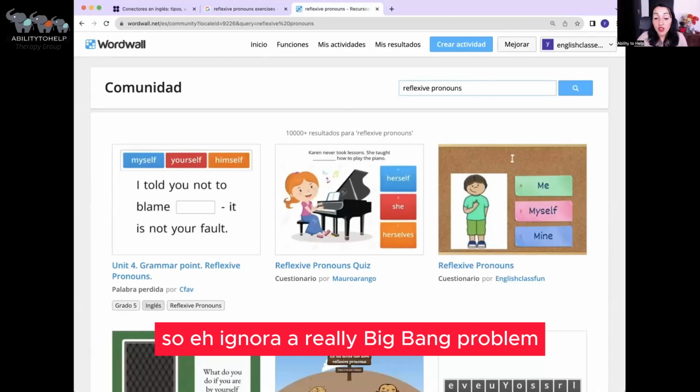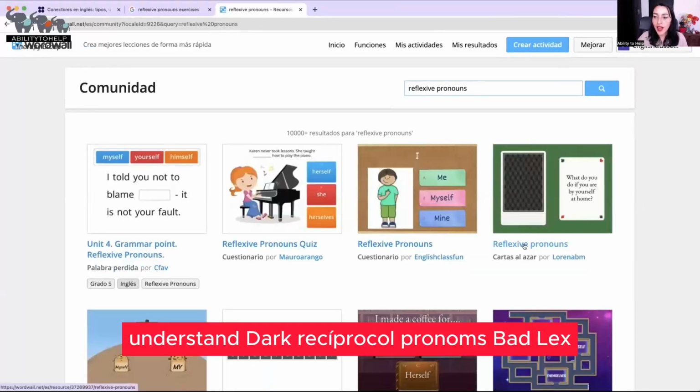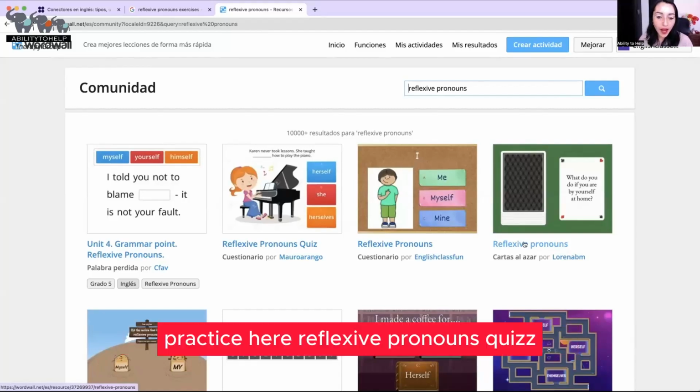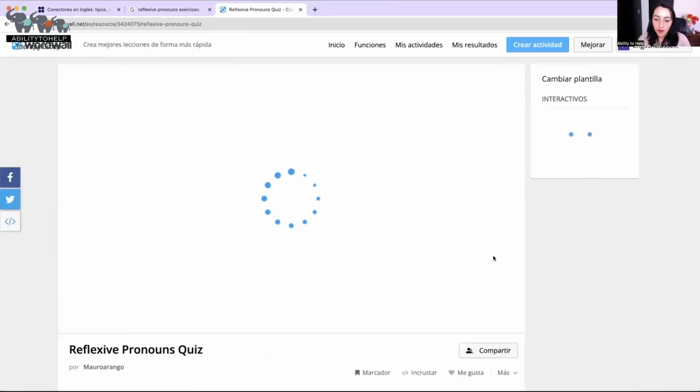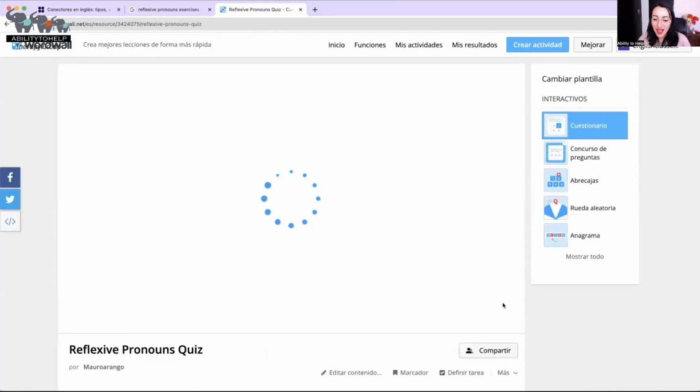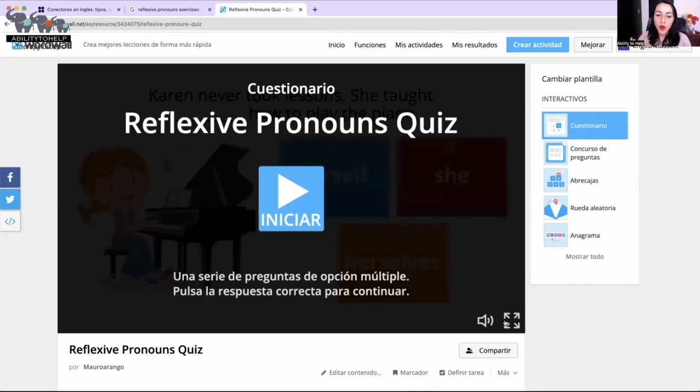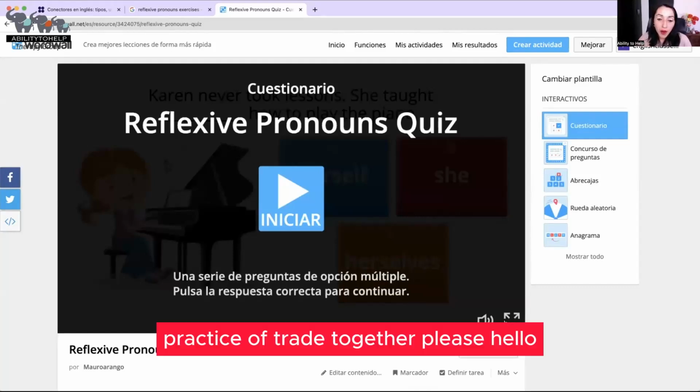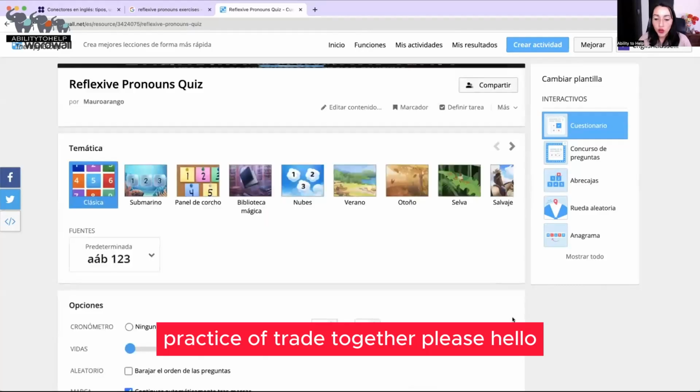So it's not a really big problem, because you already understand the reciprocal pronouns. But let's practice here. Reflexive pronouns quiz. I don't know if this exercise is okay, but we are going to practice or try together.